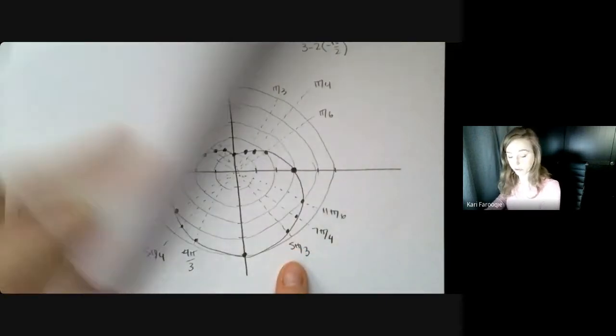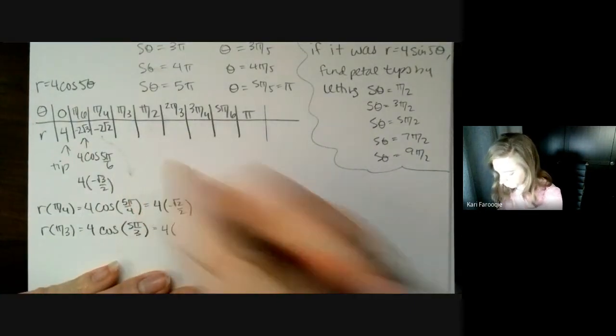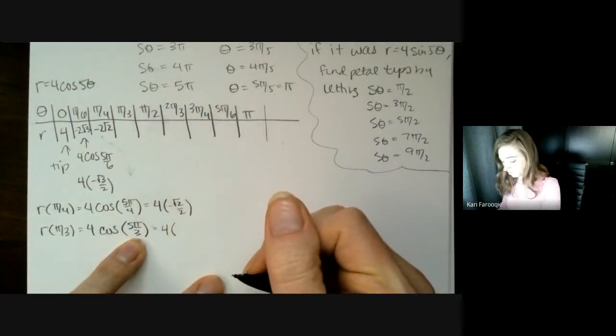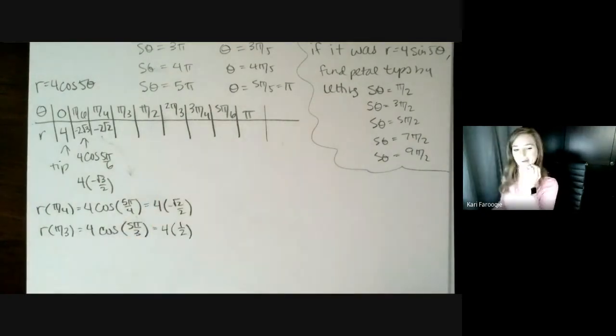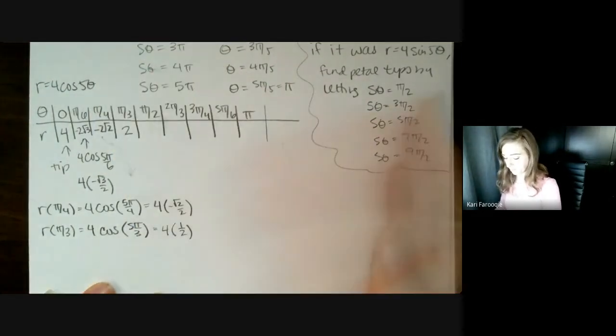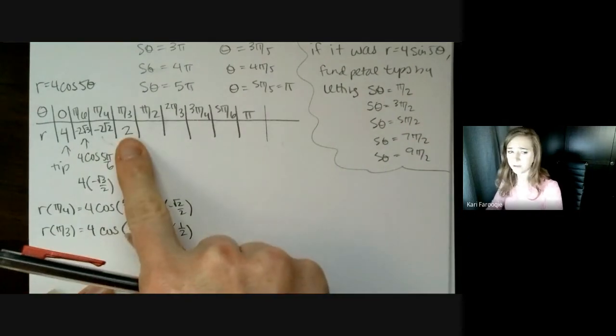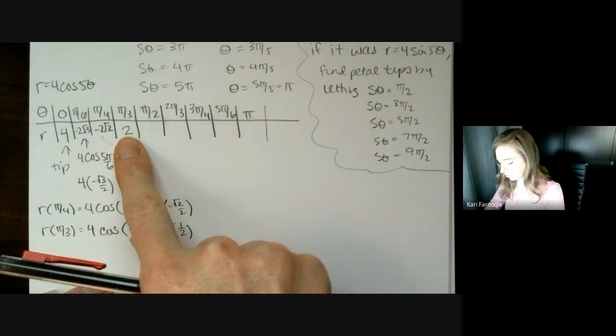So that's good. Cosine's positive in quadrant 4. And then our reference angle is pi over 3, and the cosine of pi over 3 is a half. So this will be 2. And you might be thinking, what's happening here? Don't worry, you'll see it on the graph.